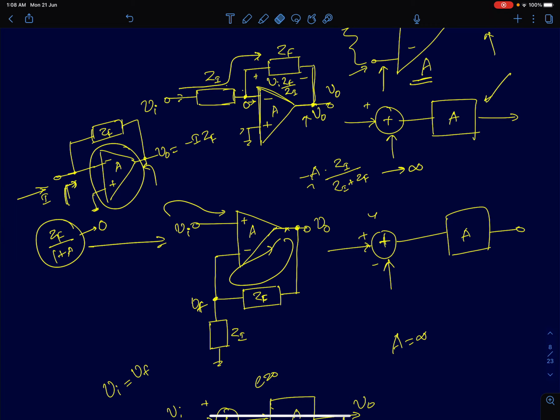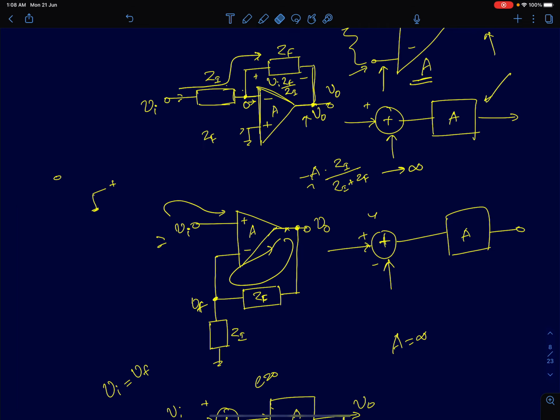But even without looking at it this way, you can solve the circuit. Now, one very important thing, which we will discuss in more detail in the next lecture, is that this configuration is called an inverting amplifier configuration.